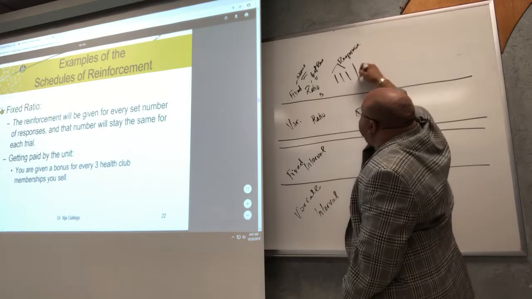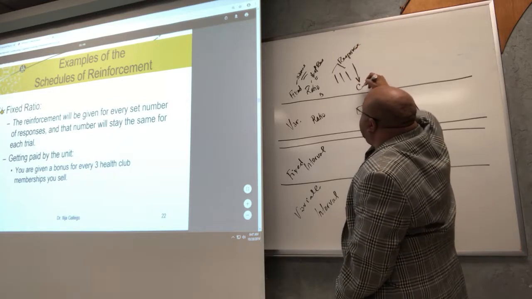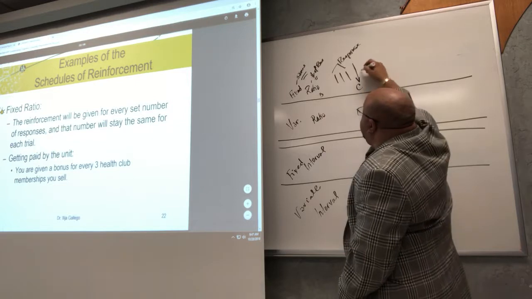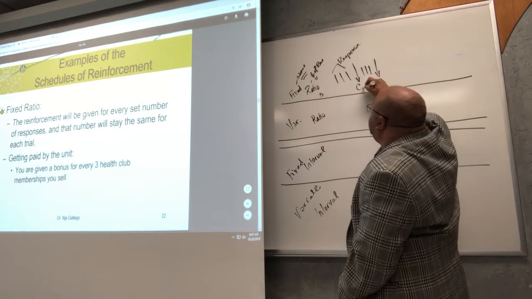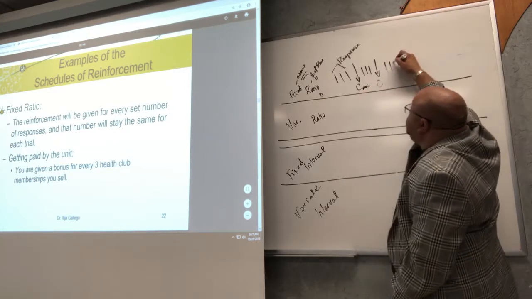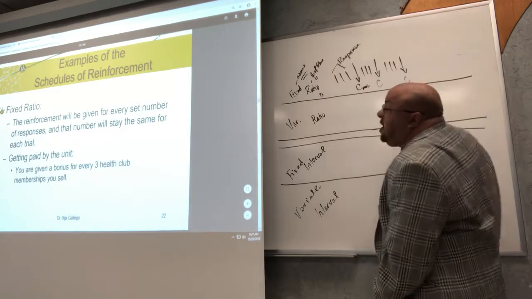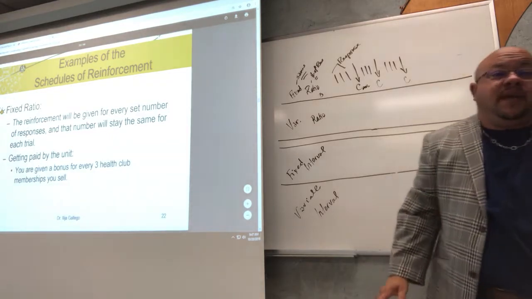And after 3 responses, I would give my learner a consequence or reward. 1, 2, 3 responses, and I give a reward. So it constantly stays that way.